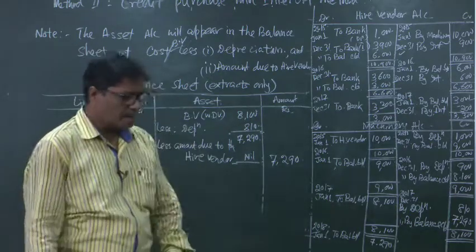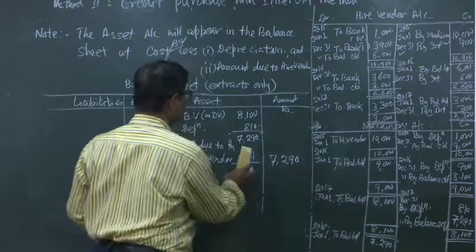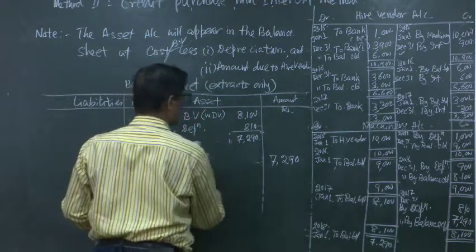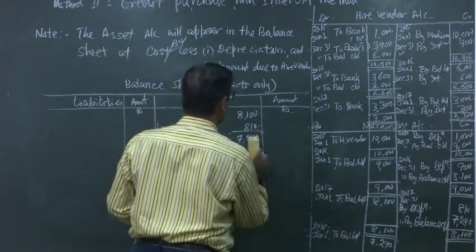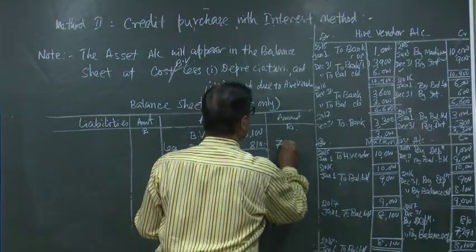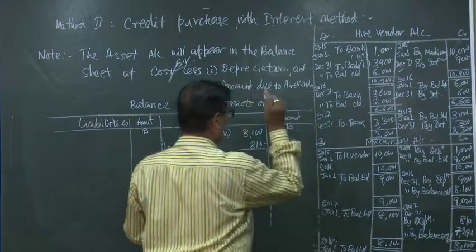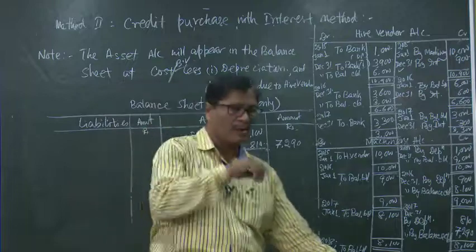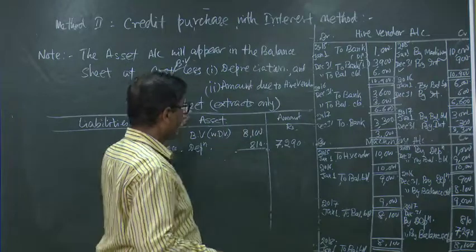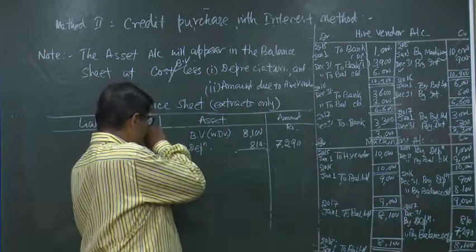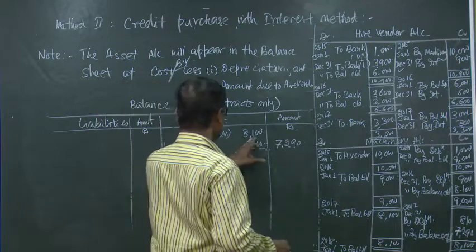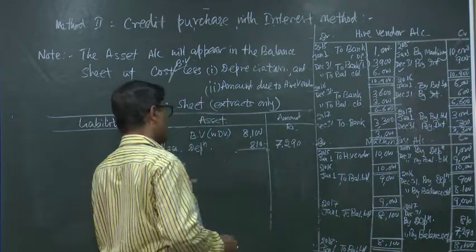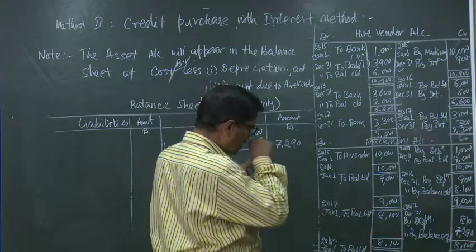So, in the last year, even if you do not write anything here, because no amount is due to the vendor, directly we can write here 7290. This is just for the continuance of the procedure I had given, but it is better not to write that. Book value 8100, less depreciation 810, that is for the last year. So, it is coming to 7290.